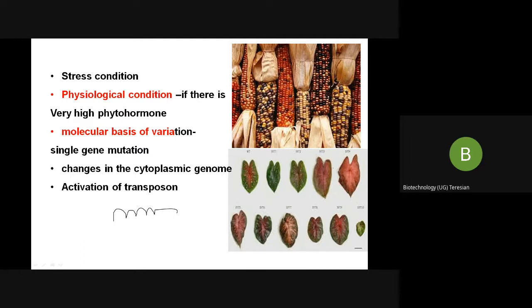There is a stationary phase, and there you get the secondary metabolites. The plants or microorganisms produce secondary metabolites which are economically and commercially important for us. They produce amino acid, lactic acid, acetic acid. All these are important for us, and that is what is called a secondary metabolite.